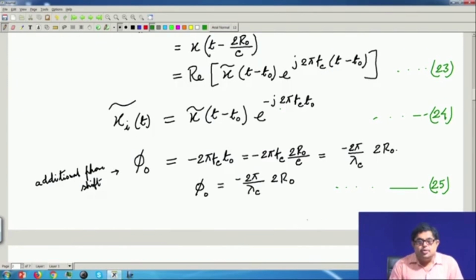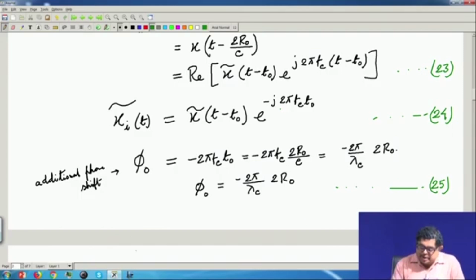In equation 19 we have seen what the match filter output is, for a given input. So, that we have done.